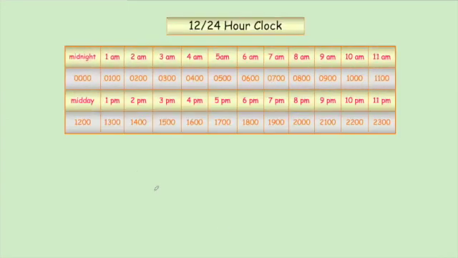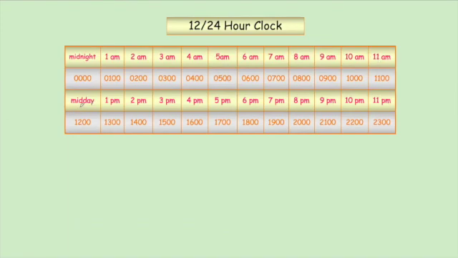Here is a table given to you in hours from midnight to 11 p.m. Midnight, as we said, is 00 because it's the beginning of a day. 1 a.m. To make it 4 digits, we add zeros. And the minute space is 0, so we just keep it 00 again. 2 a.m., 3 a.m., 4, until we reach midday.